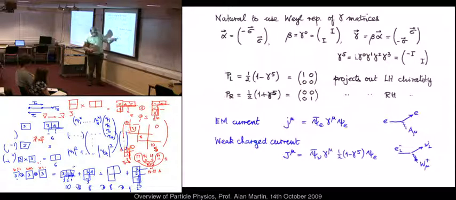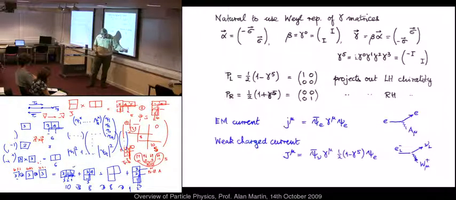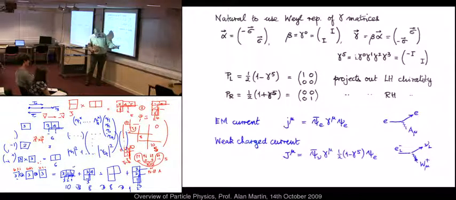The current here is also a 4-vector, and so for electromagnetic interactions you've got left and right coming in. For weak interactions, again with a boson going across, again with a Lorentz index, it only couples to left-handed leptons, and therefore we've got a half 1 minus gamma 5 in it. That always projects out the left-handed chirality.